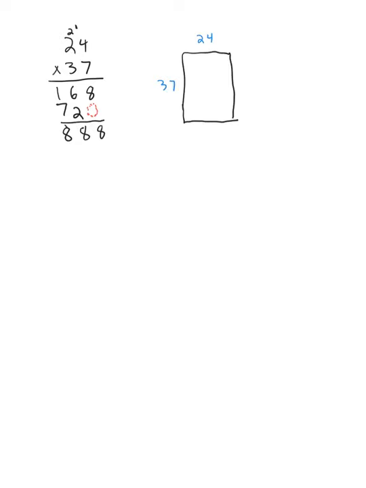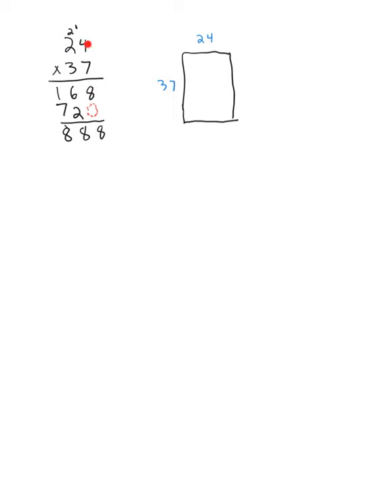So somehow we have to think what this 168 and this 720 represent. Well, let's think about what we did to get each number. Well, this number is 7 times 24, and this number is 30 times 24. That's how we did it, right? We went 7 times 24, and we got that number.